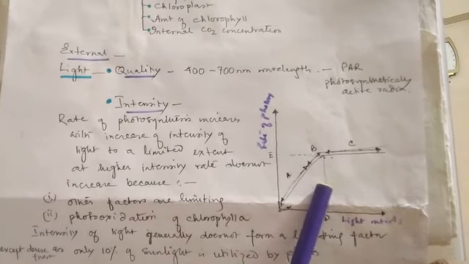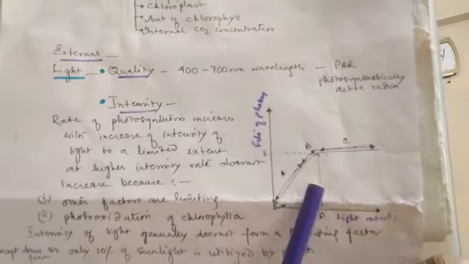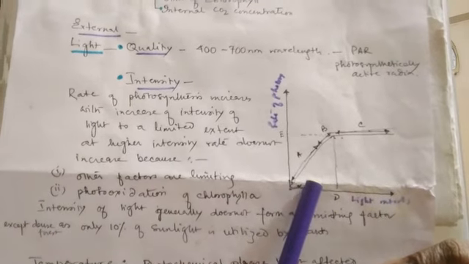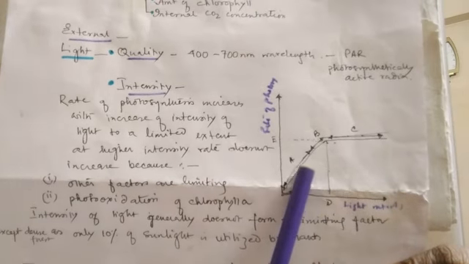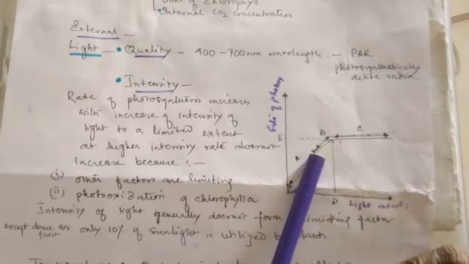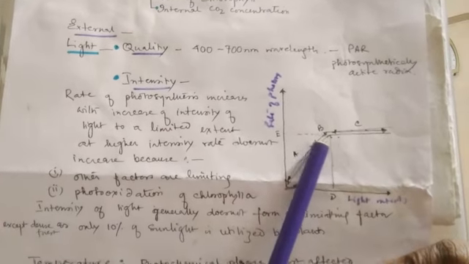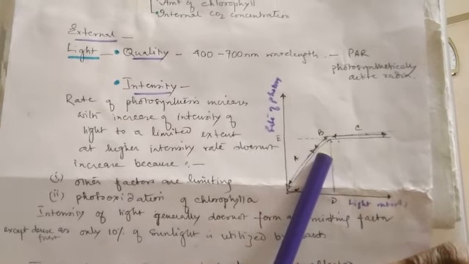Clear? There are two factors for which this happens. One is that other factors are limiting, because light is not the only factor; there are several factors, carbon dioxide, water, chlorophyll. So other factors may be limited, and the excess light cannot be utilized.